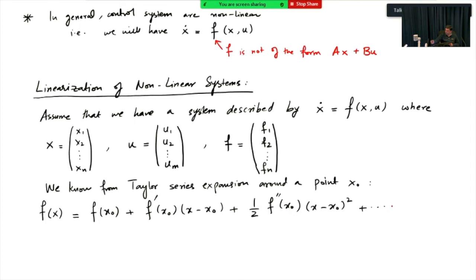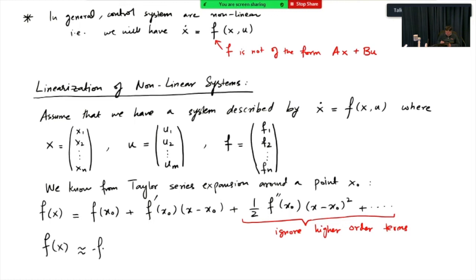Obviously we want to approximate with a linear function, so we will ignore the higher order terms. So f of x will be approximately equal to f at x0 plus f prime at x0 times x minus x0. That's the Taylor expansion.